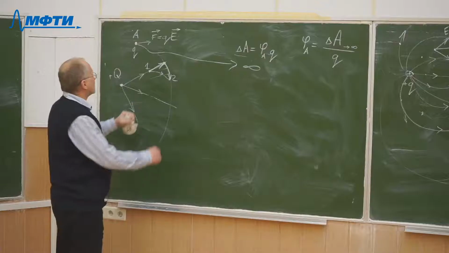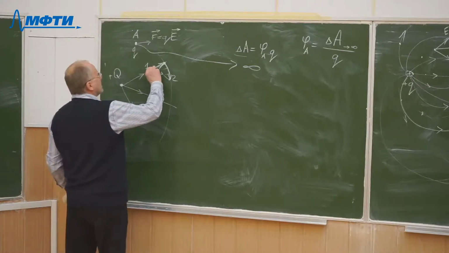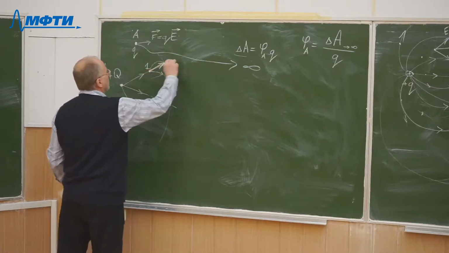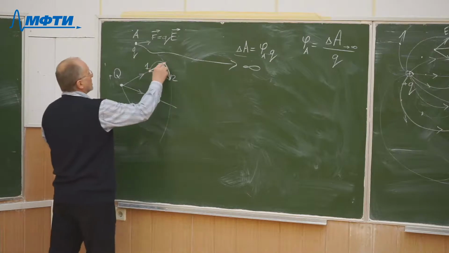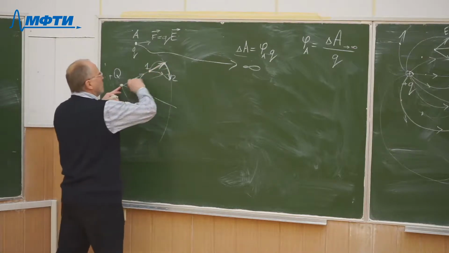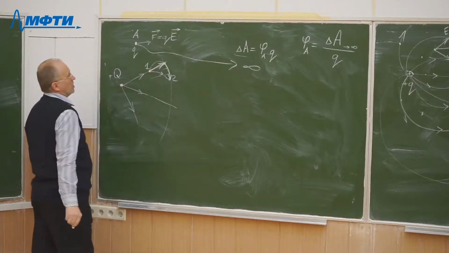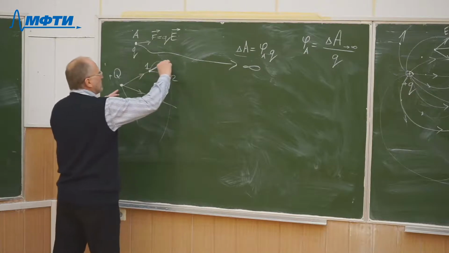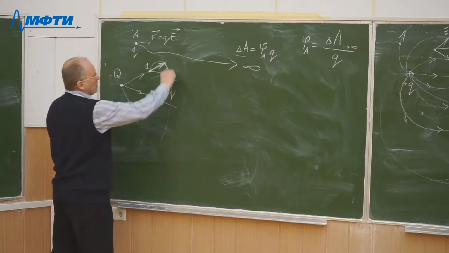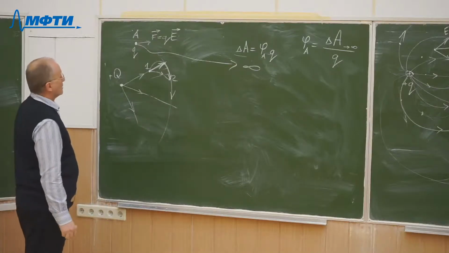So the work performed depends only on the distance along the radius. The work performed depends only on how far we go from the central charge. And it does not depend on how far we go along the circular trajectory for which the central charge is in the center of this circle.